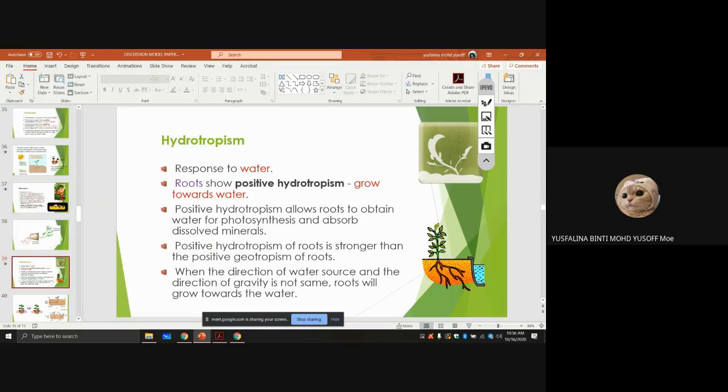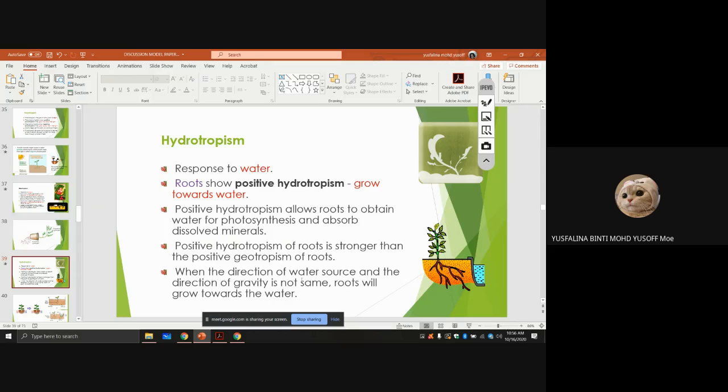Positive hydrotropism allows roots to obtain water for photosynthesis and also to absorb minerals. The positive hydrotropism of roots is stronger than the positive geotropism of roots. This means the root is attracted more to water than to gravity, so it shows positive hydrotropism higher than positive geotropism.